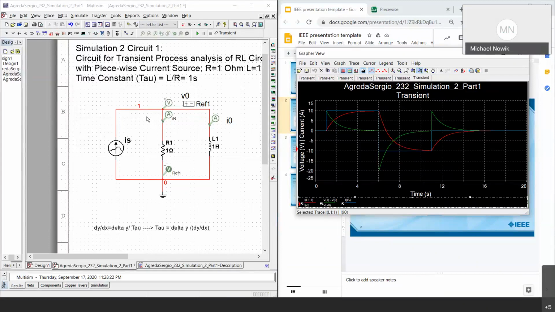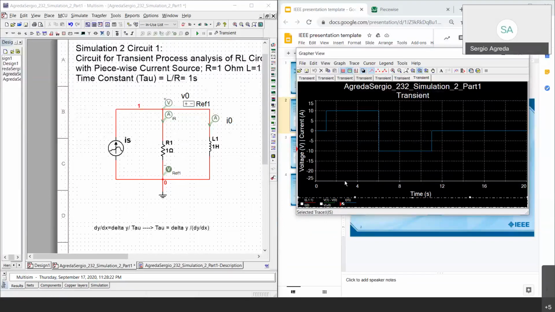Just curious. So this piecewise current IS, that would be considered a time varying current, right? The IS, the independent current source, is essentially a time varying current source. Yes, I imagine it would need to be time varying, because if it's constant, then you wouldn't be able to graph it properly.